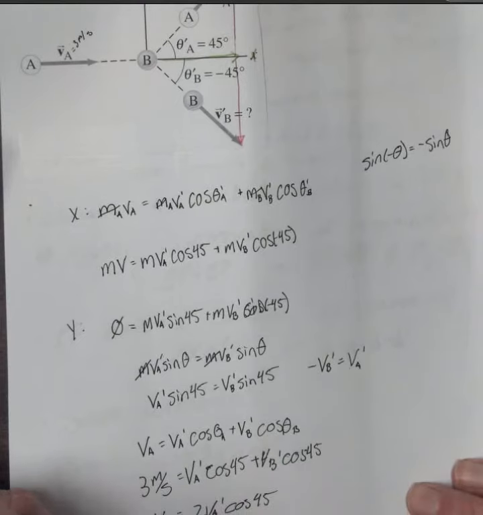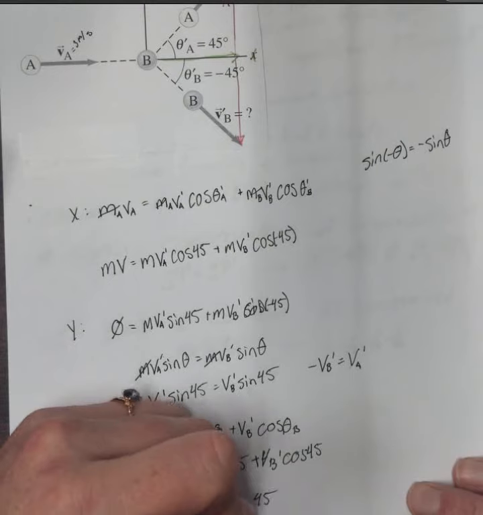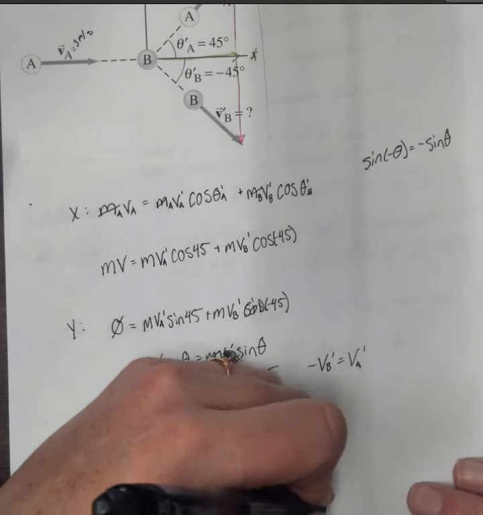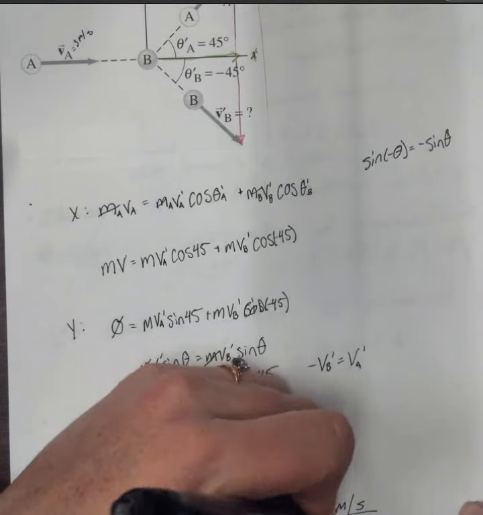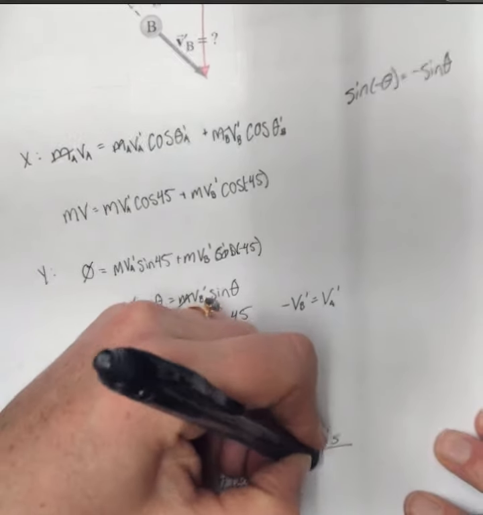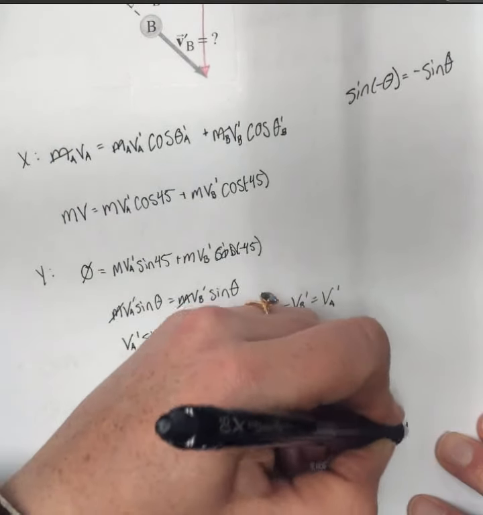And as a result of that, you can set it VA prime equals VB prime equals VA over 2 cosine 45 equals 3 meters per second divided by 2 times the cosine of 45, or 2.1 meters per second.